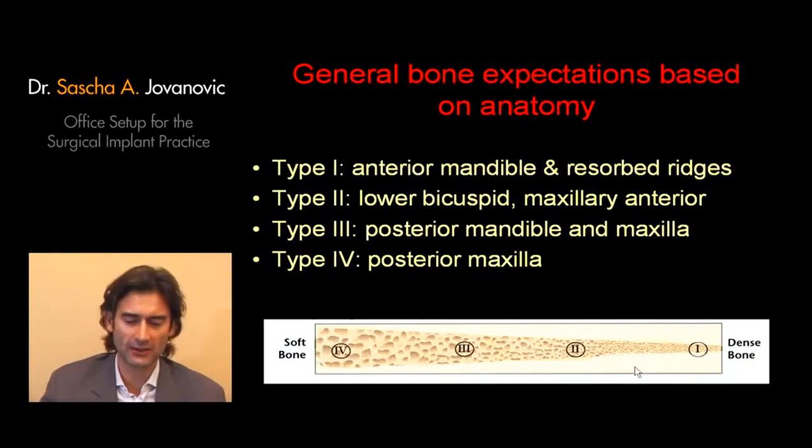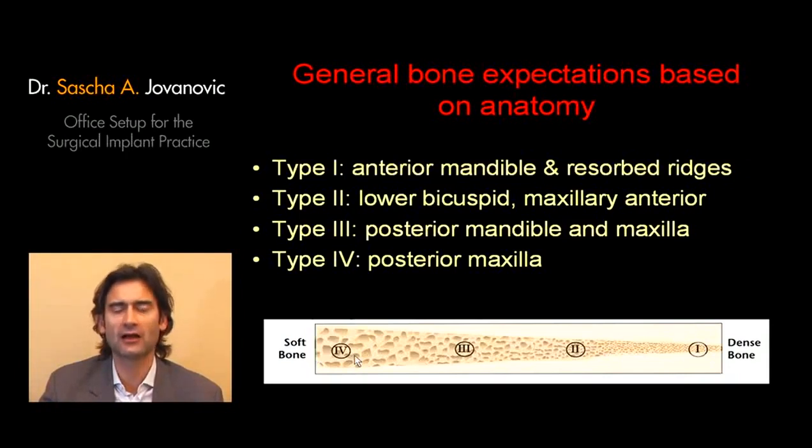And you can see here, type 4 bone, obviously what we call today soft bone, having an opportunity, of course, for implants not to have the optimal stability. So type 4 quality bone, mainly diagnosed in the posterior maxilla, needs specific implant placement guidelines, and also probably the best type of implant to place in these areas is a tapered implant.